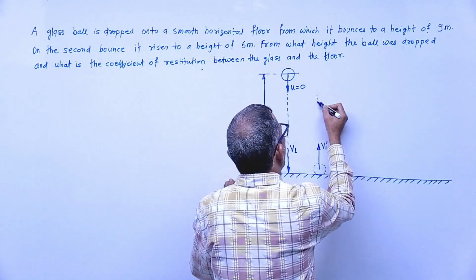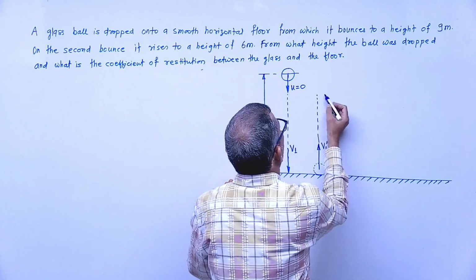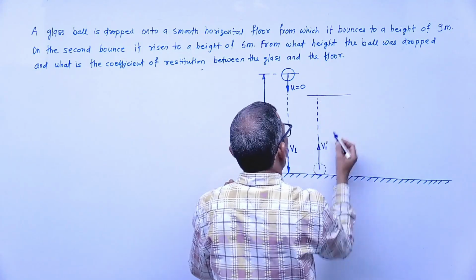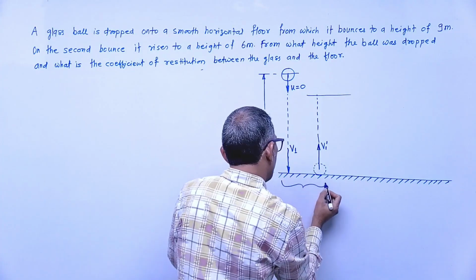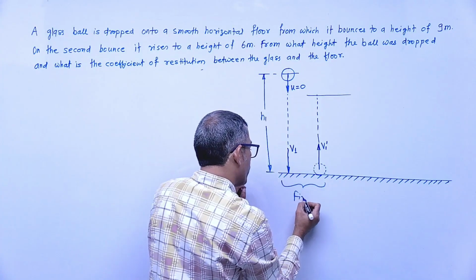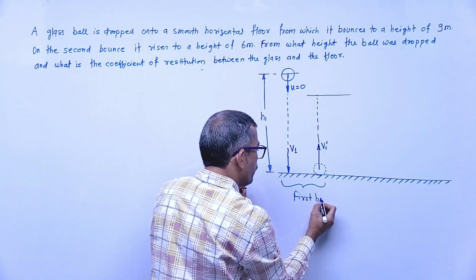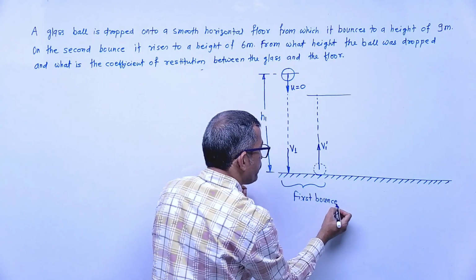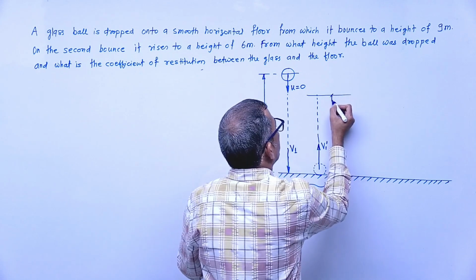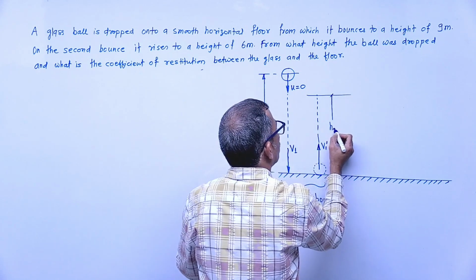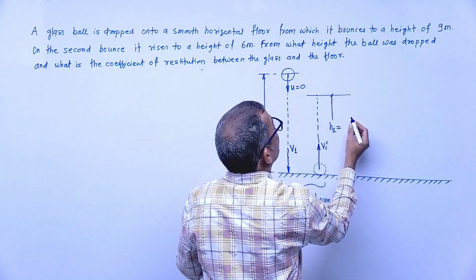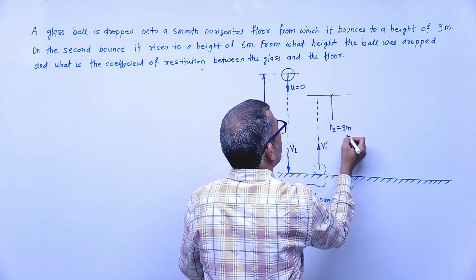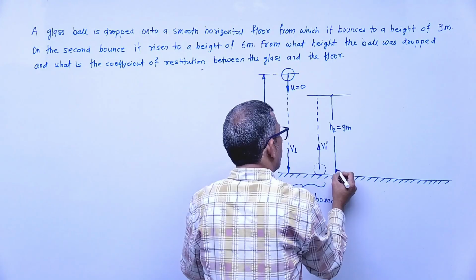Now it rises to a height after the first impact. This is our first bounce. Say this height is H2, and it rises to 9 meters.